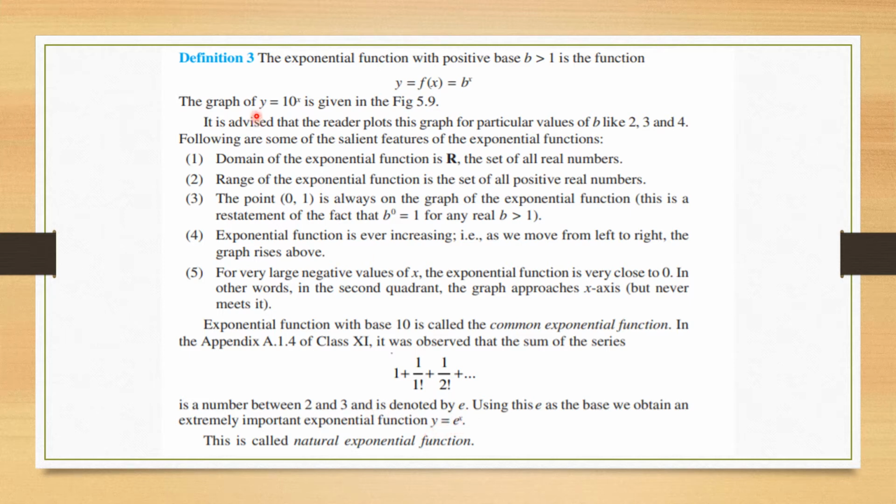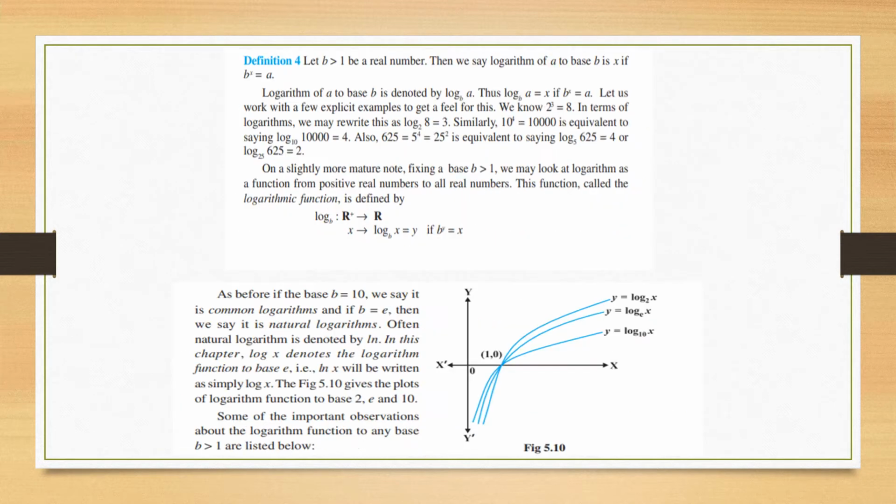Earlier it was y equal to 10 raised to power x; now it is y equal to e raised to power x, and this one is called the natural exponential function. This was the common exponential function and this one is the natural exponential function.